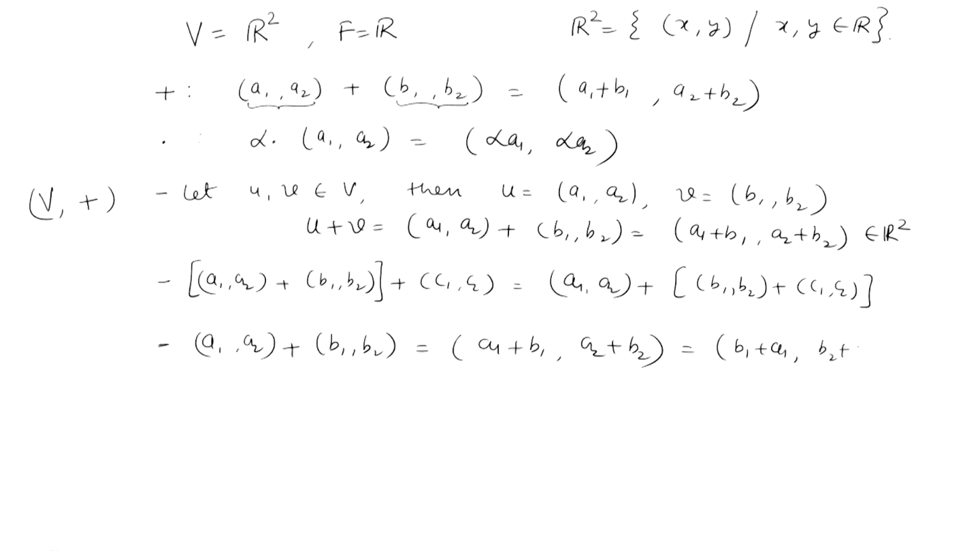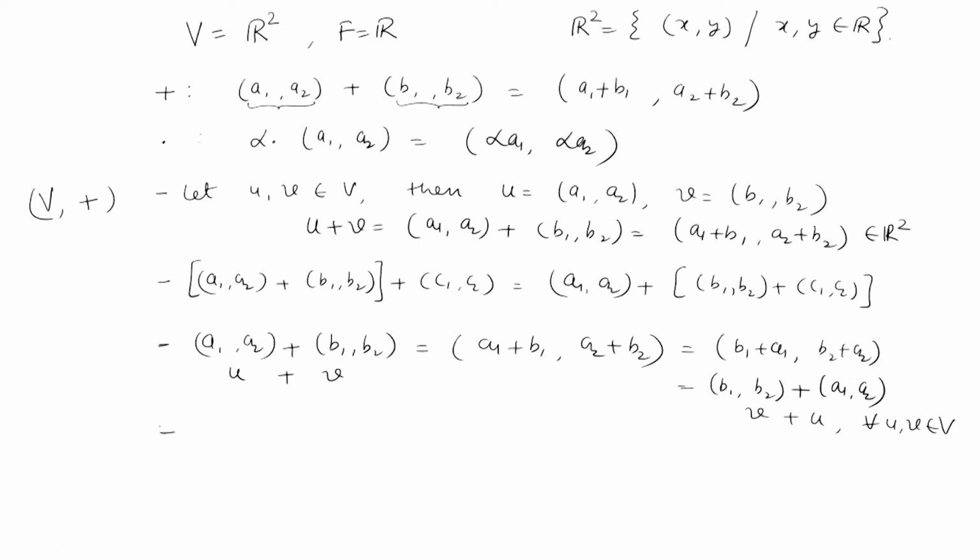And it is B2 plus A2. So, again by this definition we can write it as B1 B2 plus A1 A2. So, we can say that u plus v is the same as v plus u for all u, v belonging to V. That means the commutative property is satisfied.